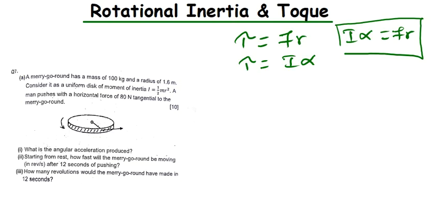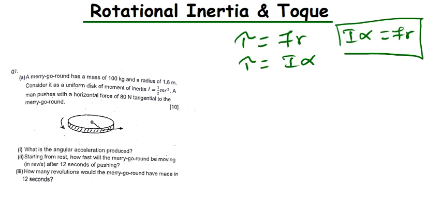So the first question is from one of the exam past papers. It says a merry-go-round has a mass of 100 kg and a radius of 1.6 meters. Consider it as a uniform disk with a moment of inertia equal to half mr squared. A man pushes with a horizontal force of 80 newton tangentially to the merry-go-round.